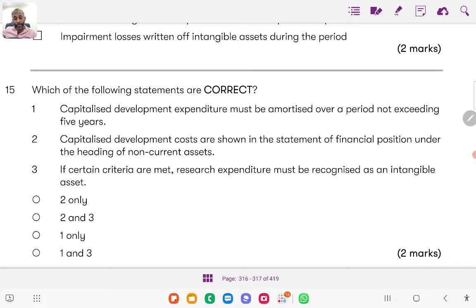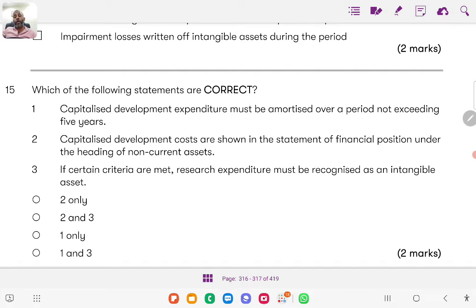For intangible assets whose life is indefinite, we will not amortize. All we do is carry out a review for impairment on a regular basis, usually yearly. Whereas if the intangible asset's life is definite, then you amortize based on the number of years that asset will last.